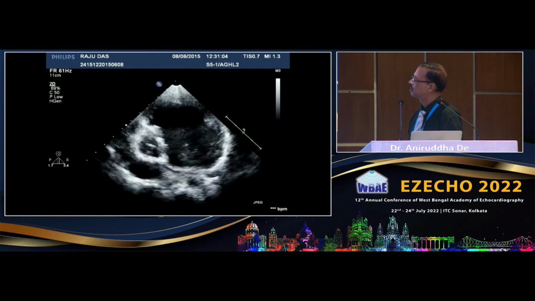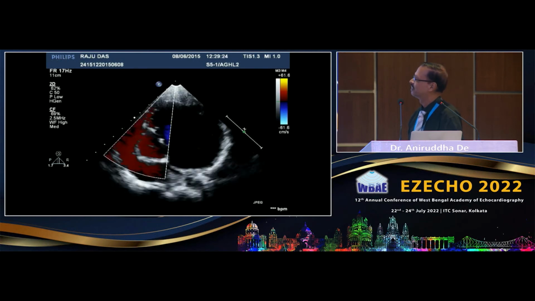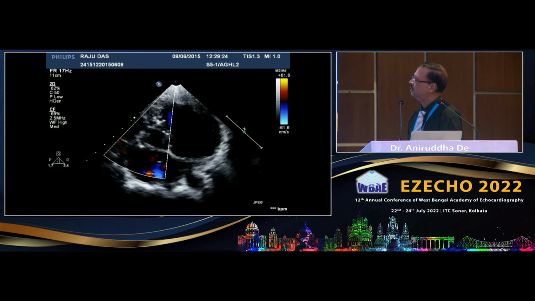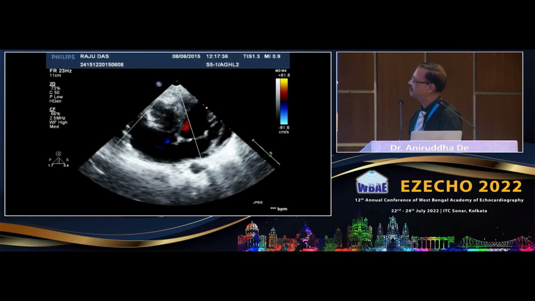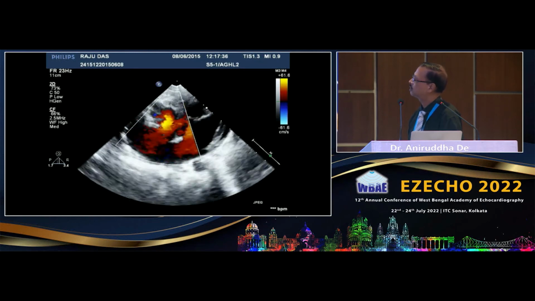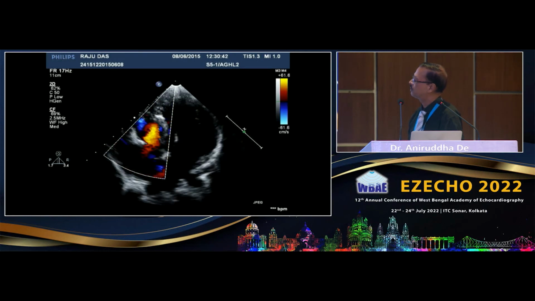I don't have a contrast echo in this, but there is no VSD. Tricuspid inflow is good, and there is some inflow TR also, and you can see the right to left shunt.